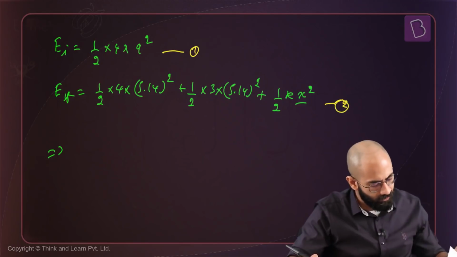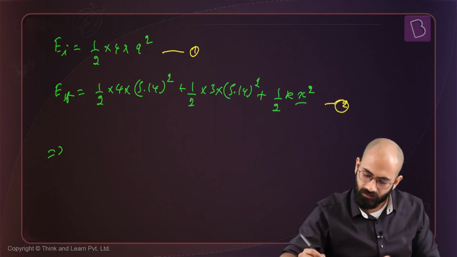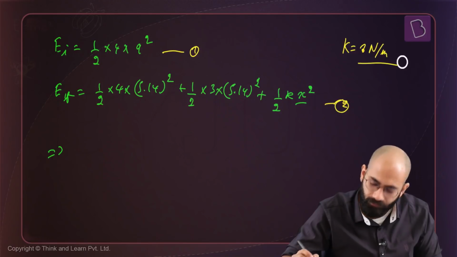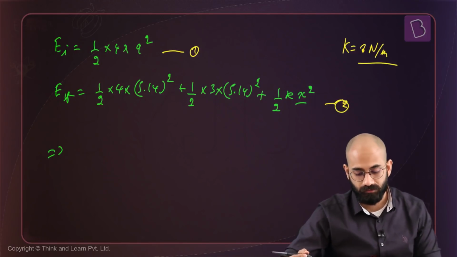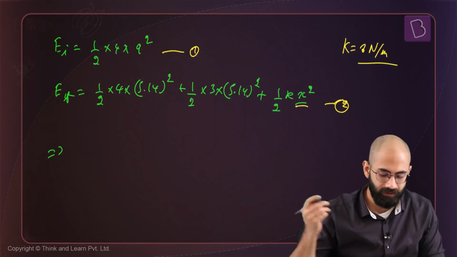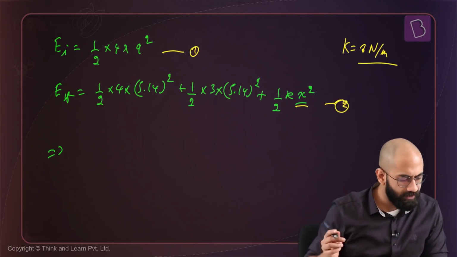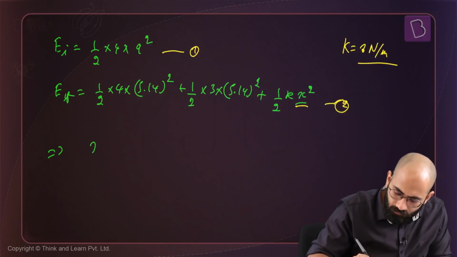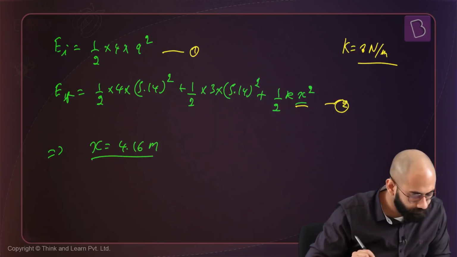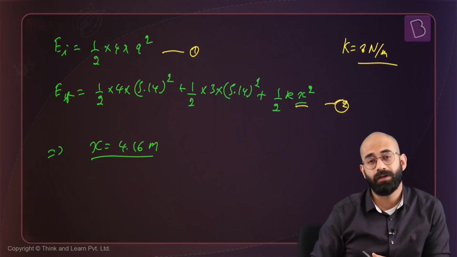K is also given to us, K is equal to 8 Newton per meter. So now we just have to equate this and find the value of x. It's simple algebra. If you do that, we'll find that x is equal to 4.16 meters. This is your final answer.